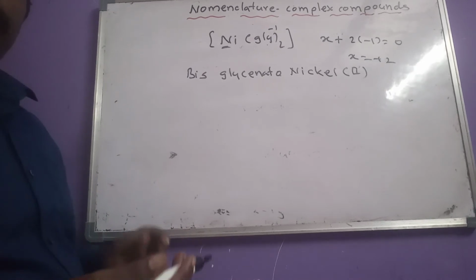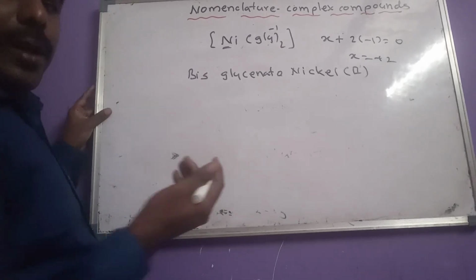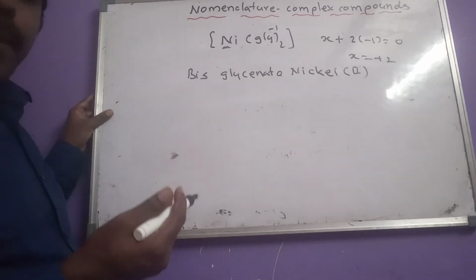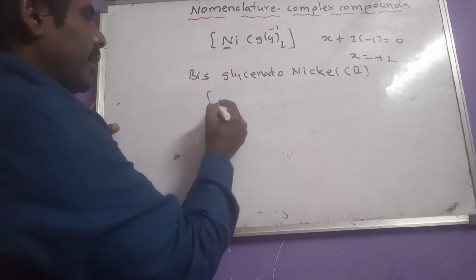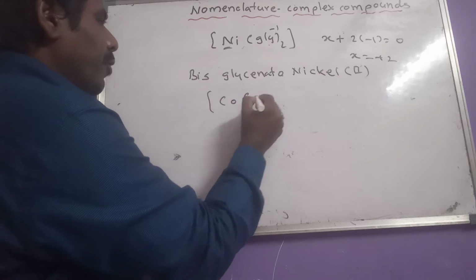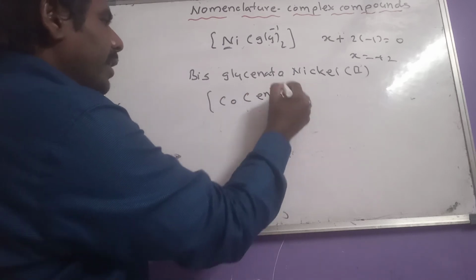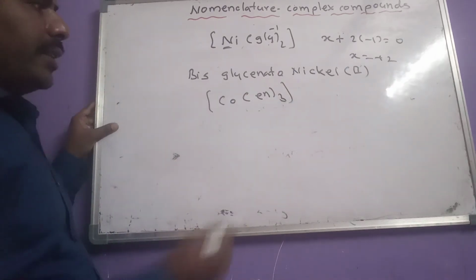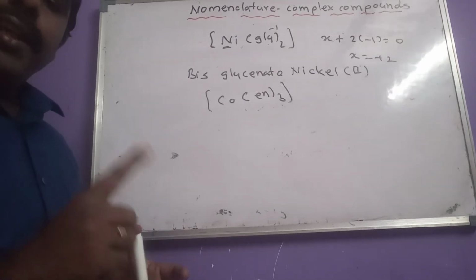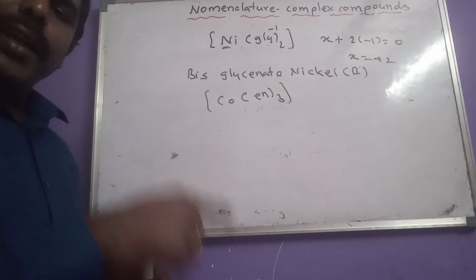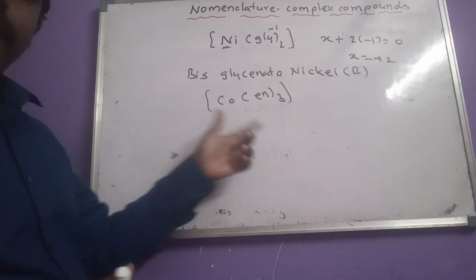And also sometimes another ligand, ethylenediamine. If ethylenediamine is given, how to name that? See here. For example, Co(en) taken thrice is given. The IUPAC name of ethylenediamine is ethane-1,2-diamine, so we have to name like that only.